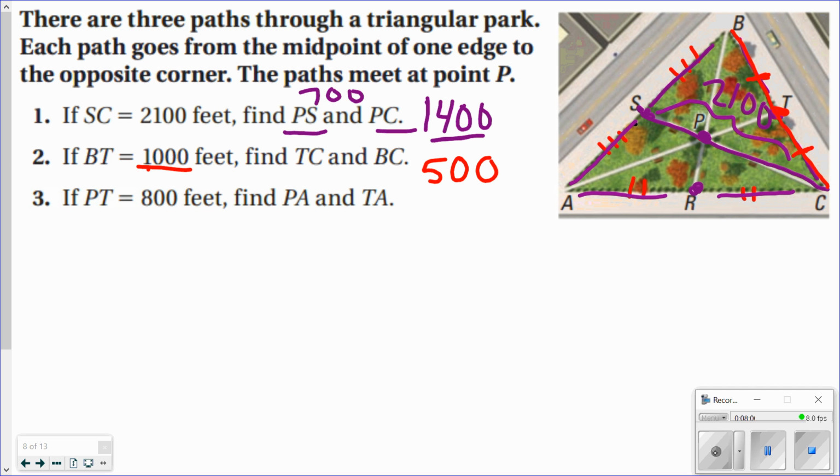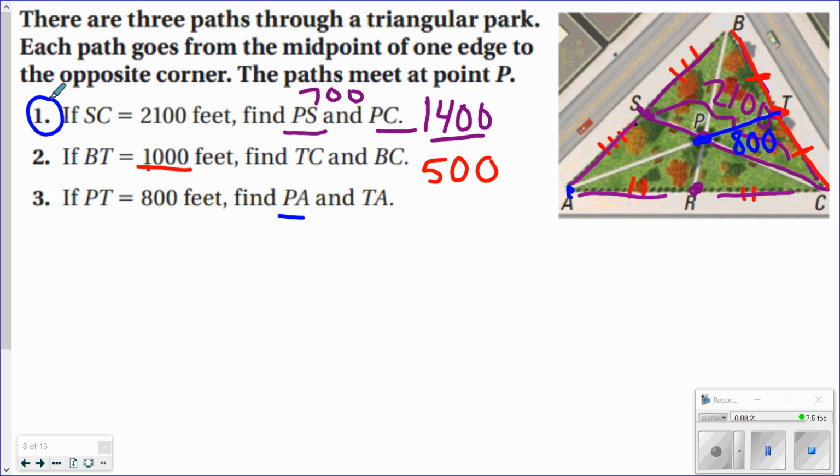And lastly, PT. So if PT, which is just this small segment right here, is 800, I'll write that right here. We want to figure out what is the length of PA, which is from here to here, as well as the entire segment TA.